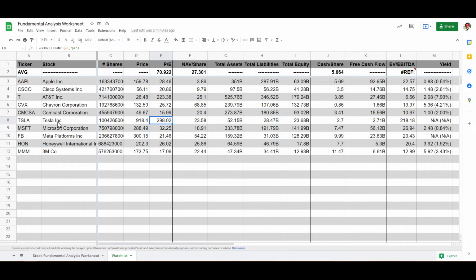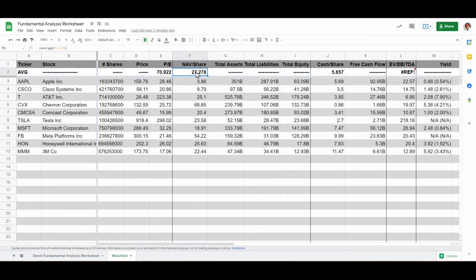So is Tesla super overvalued as it seems? Well, if you look over at our NAV per share, which is our price to book value, the average we're looking at here is 27,301, and it changed because prices are changing as I'm looking at this. But you can see Tesla's NAV per share is actually much lower than the average.